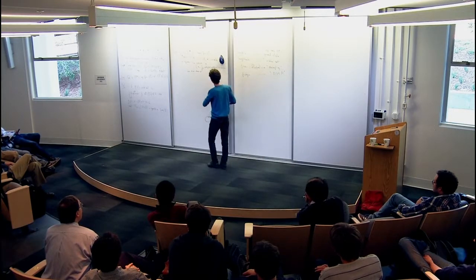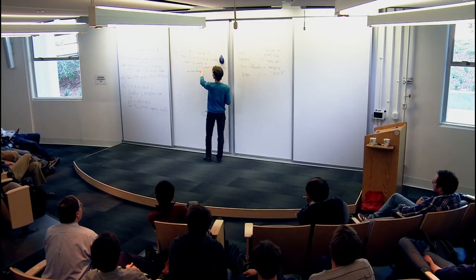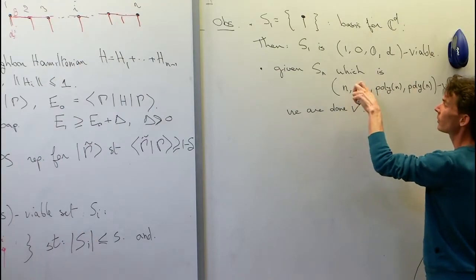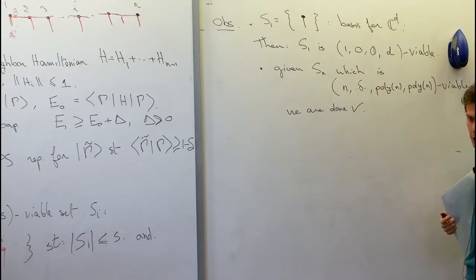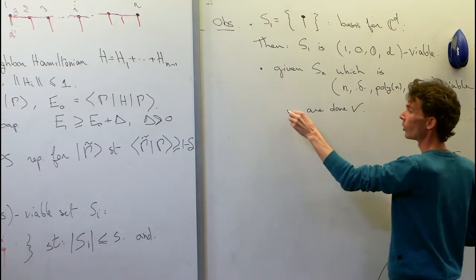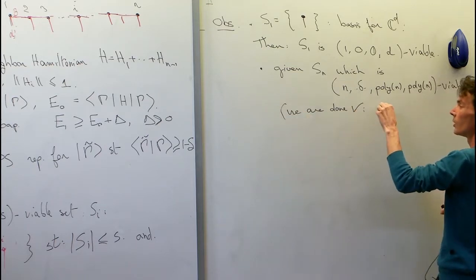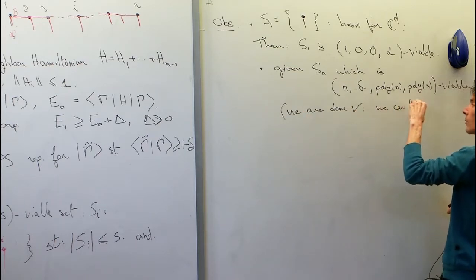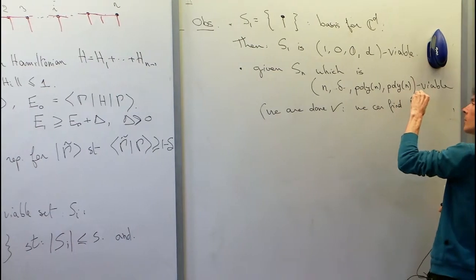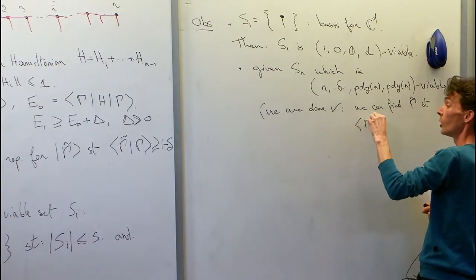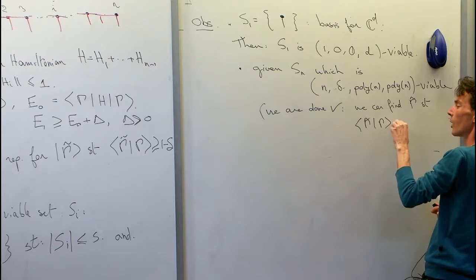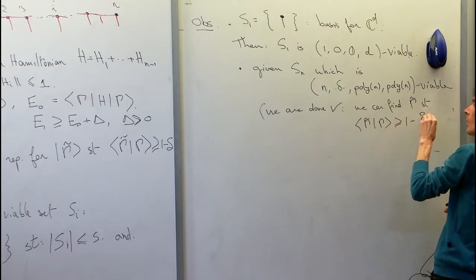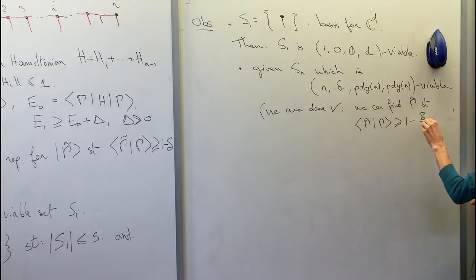So given a set which is like this, let's write a delta. Then with the procedure I'm describing, we are done. What I mean by we are done is we can find gamma tilde such that the overlap with the ground state will be at least whatever this was divided by your gap.